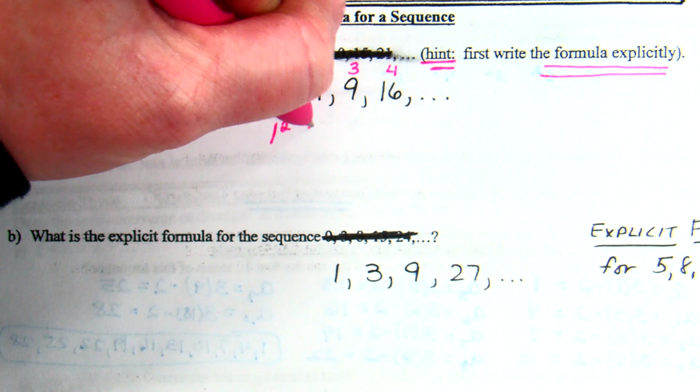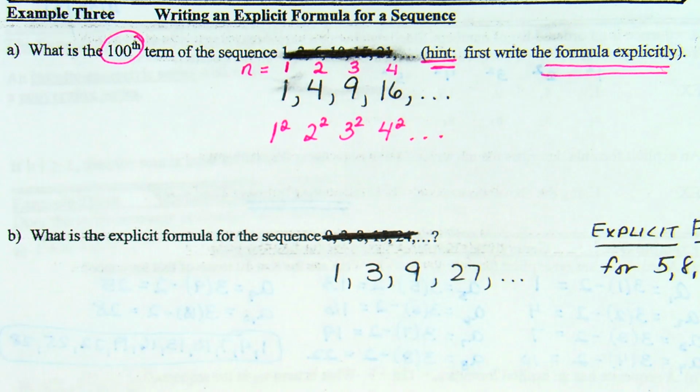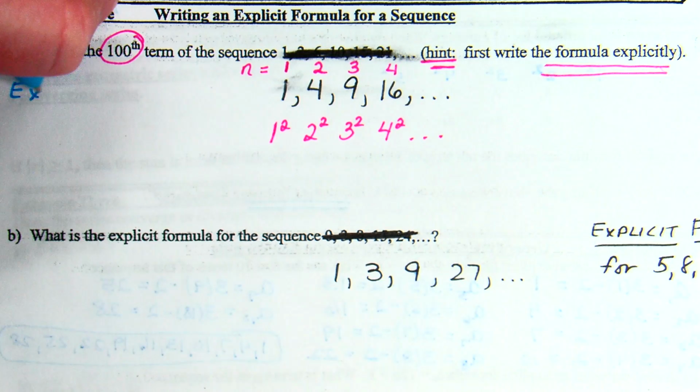The fact that 1 is also 1 squared, correct? 4 is also 2 squared. 9 is also 3 squared. 16 is also 4 squared. And obviously we could keep going on and on, yes?